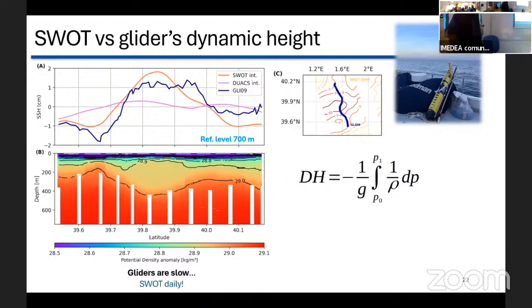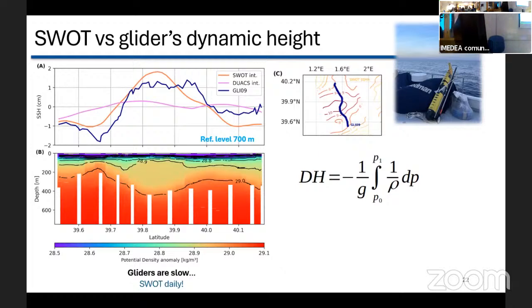So here I show this density section, the same that I was showing before. Then, thanks to this potential density anomaly transect, I can compute the dynamic height that we can see here in blue, to compare to the data that SWOT and DUACS give us. So we interpolate the satellite data spatiotemporally onto the same transect, and then we compare it.